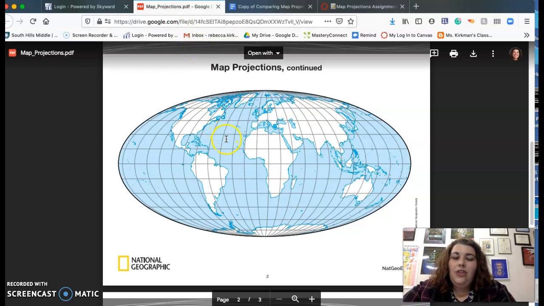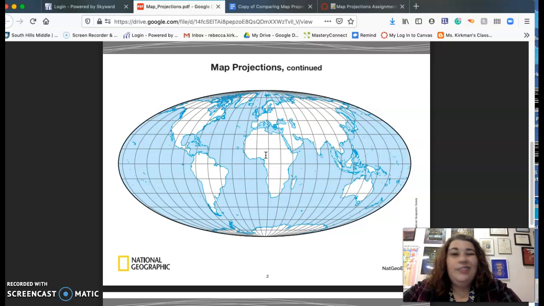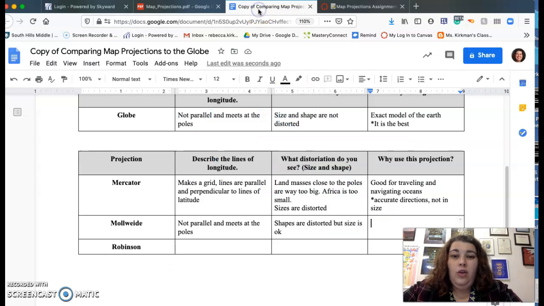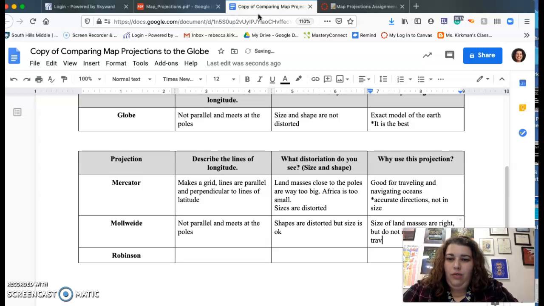The size of the land masses is okay, so you could use this for specialty maps where you're involving just the size of the land, but you would not want to use this for travel, because you may never get there. So size of land masses are right, but do not use this map for travel.